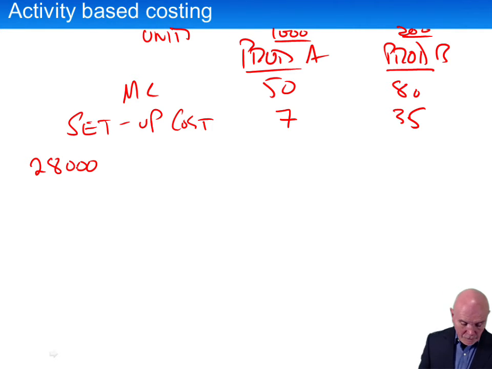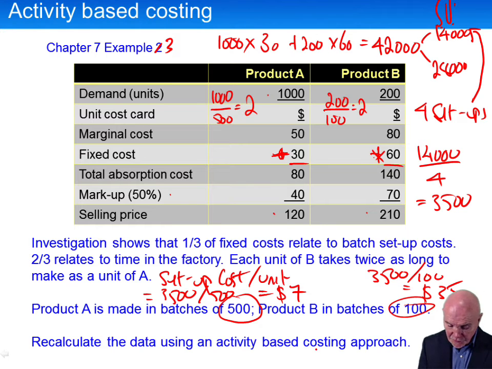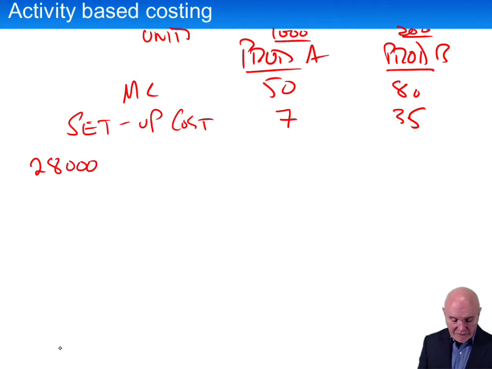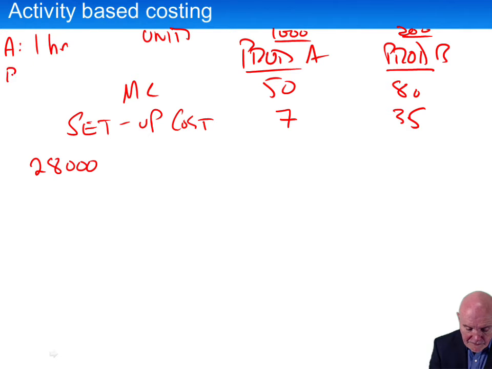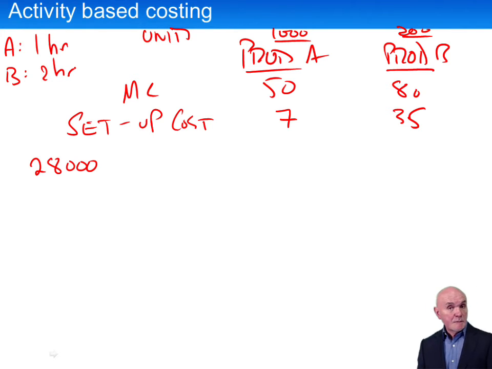And we're told that each unit of B takes twice as long to make as a unit of A. So what we have to do is to kind of divide it. Just for the sake of argument, an easy way to see this is to say that A takes 1 hour and B takes 2 hours. It might be 5 minutes and 10 minutes. It might be 3 hours and 6 hours. It doesn't really matter.